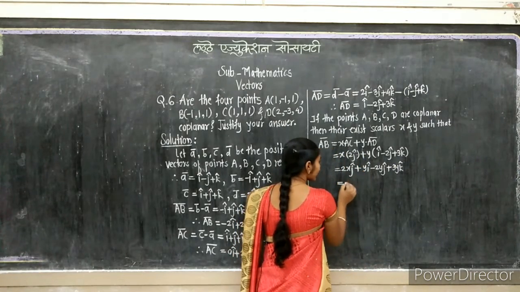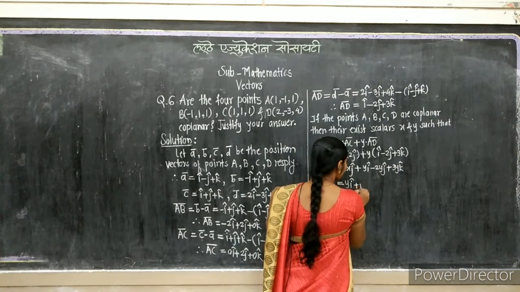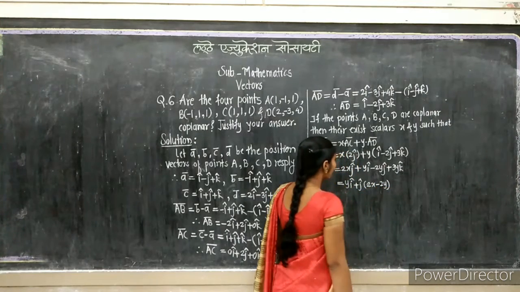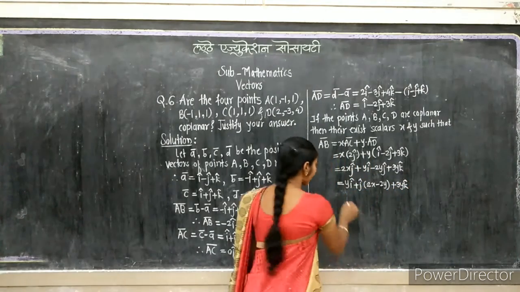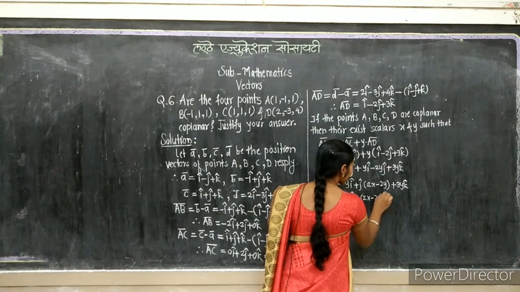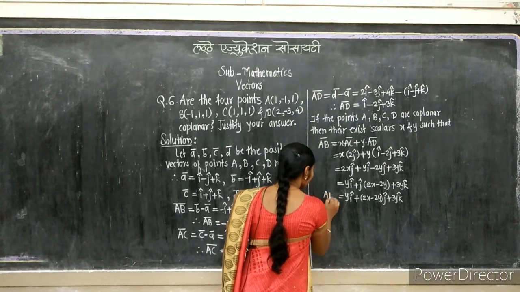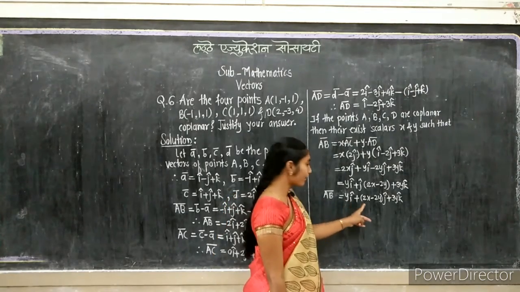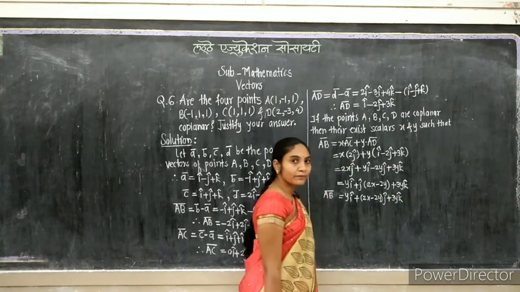The first term is y i cap, then j cap in bracket 2x minus 2y, plus 3y k cap, which is equal to y i cap plus (2x minus 2y) j cap plus 3y k cap. This is AB bar.